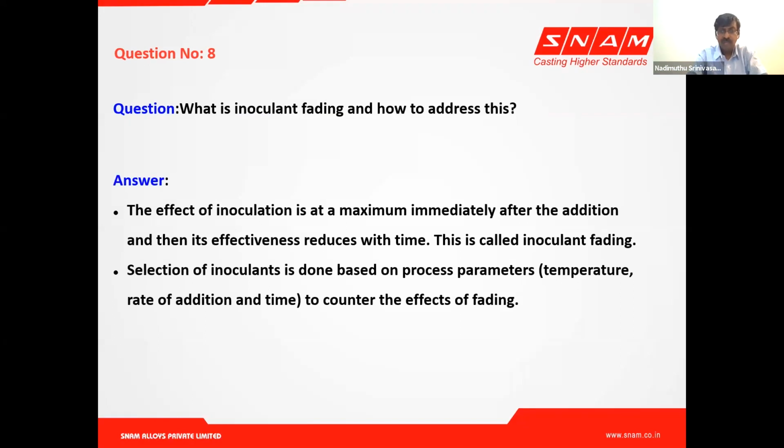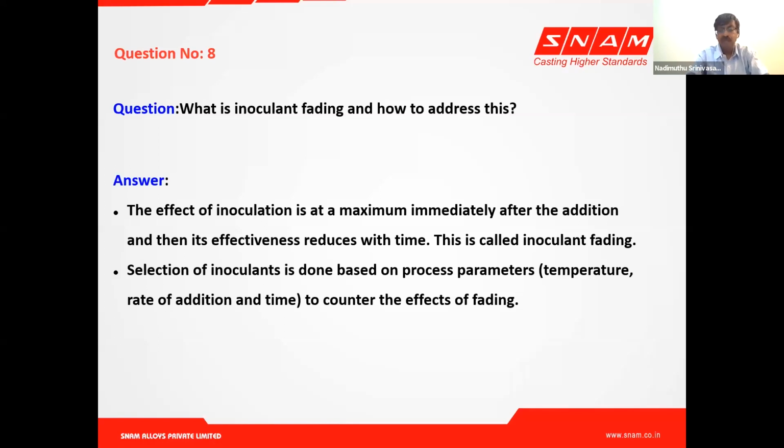So how you add the inoculant, what size of inoculant you add, the temperature at which you add, these are very, very important. All inoculants, all your magnesium alloys in ductile iron, they all fade. It is a characteristic. So it is in the process parameters that you will have to counter the effects of fading.